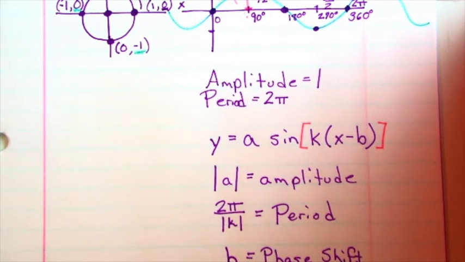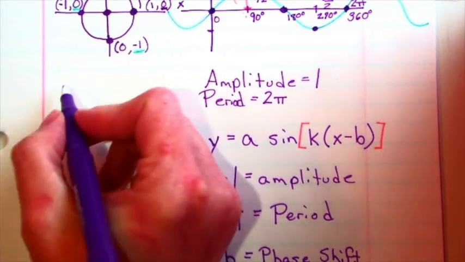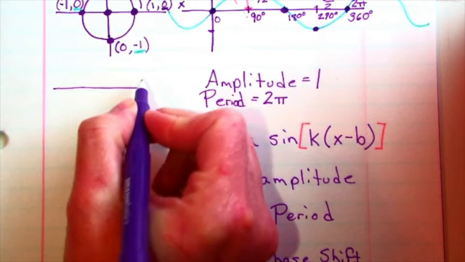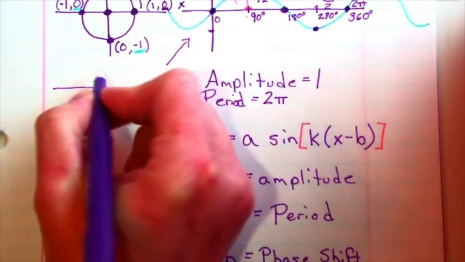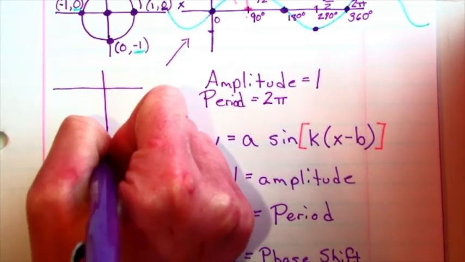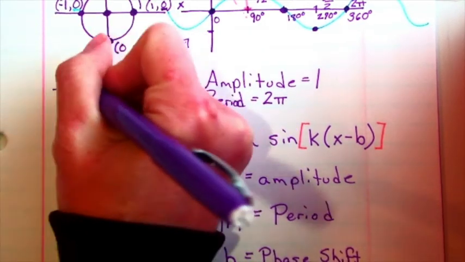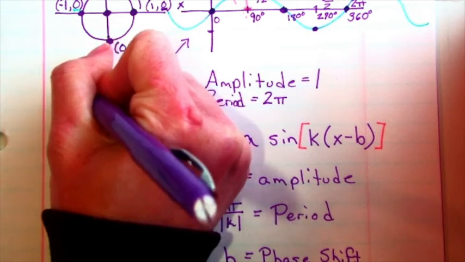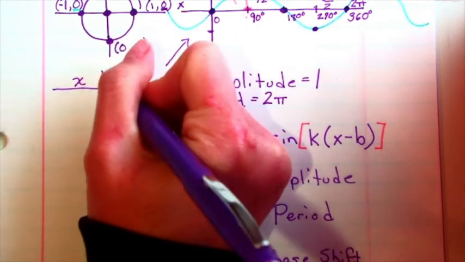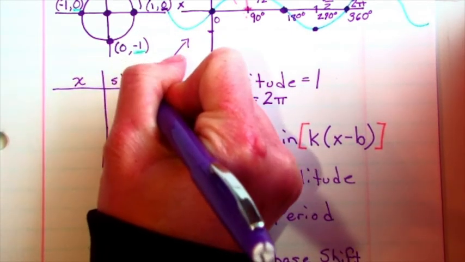So let's look at an example of this, and just in case you need it for reference, I'm going to put the ordered pairs that go with this graph right here. So these are the ordered pairs that we got from this graph. This is our x value, our angle, and this is the sine of that angle.